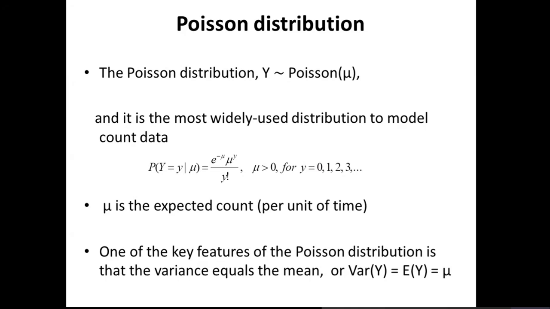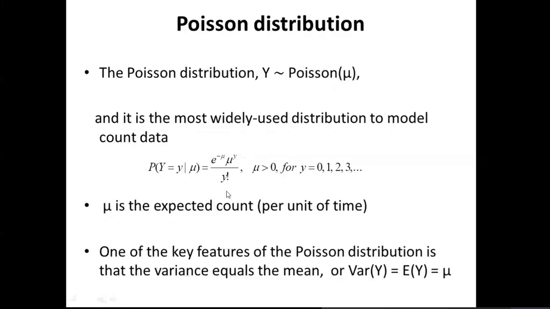So the probability of getting small y number of observations or outcome, given a certain average, is equal to this formula. I think you know this formula from your biostatistics 1 course. E the power of minus mu, mu the power of y over y factorial is the probability.